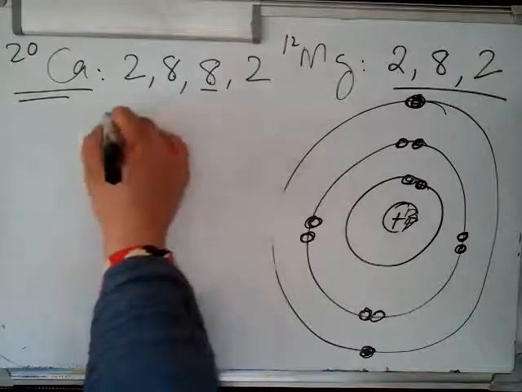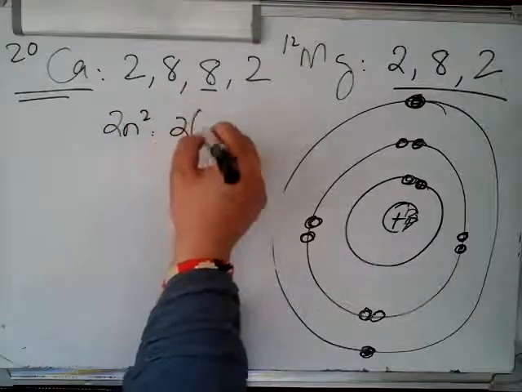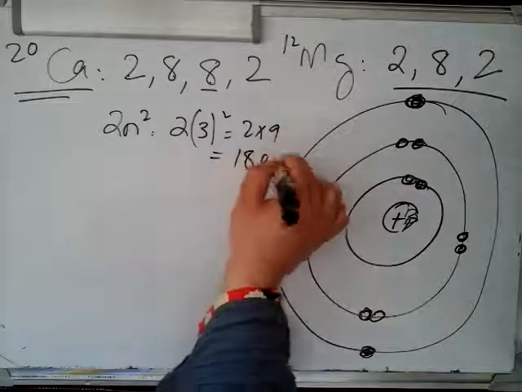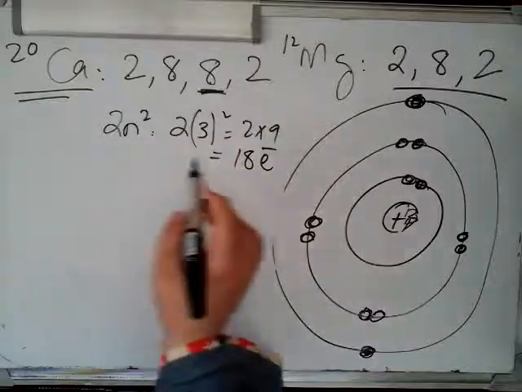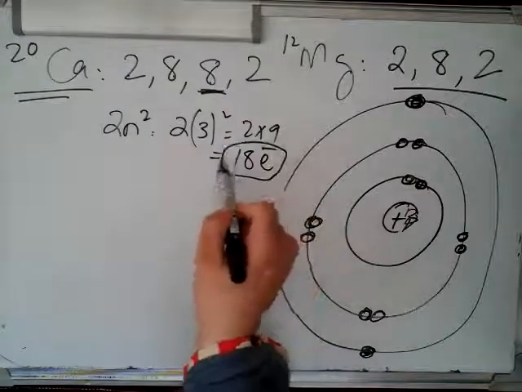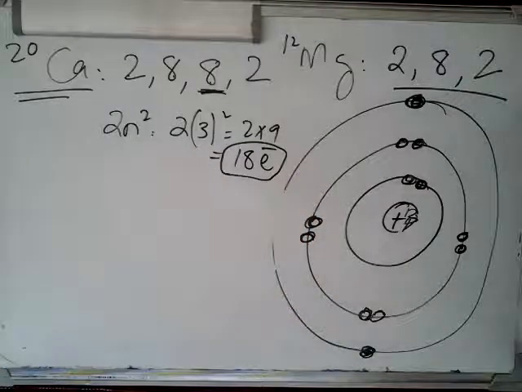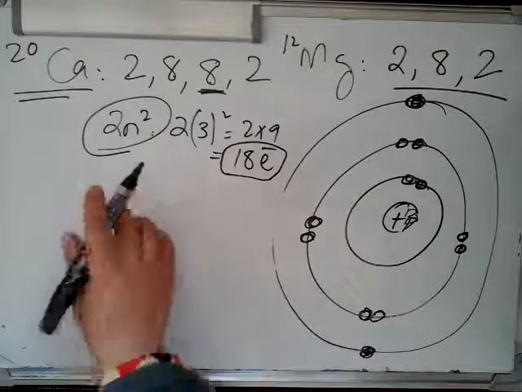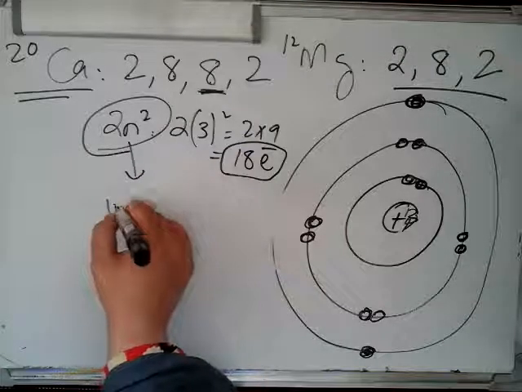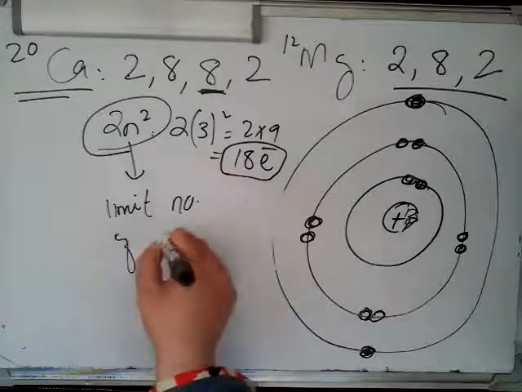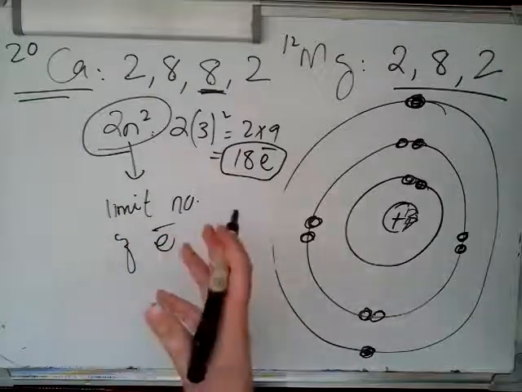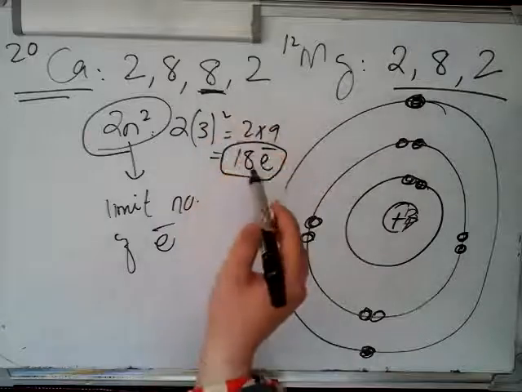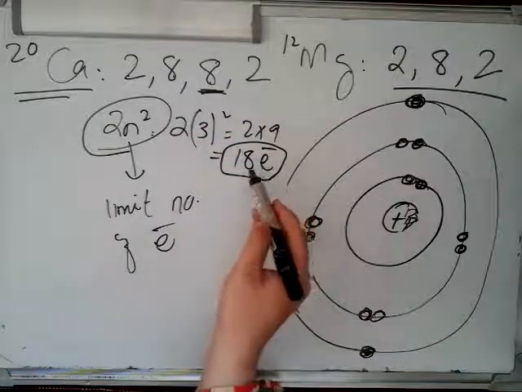This 2n square specifies the limit on the number of electrons. Lesser is possible, but greater is not.